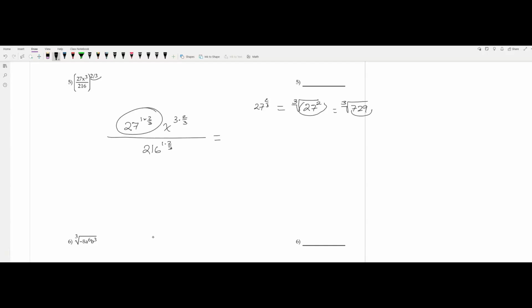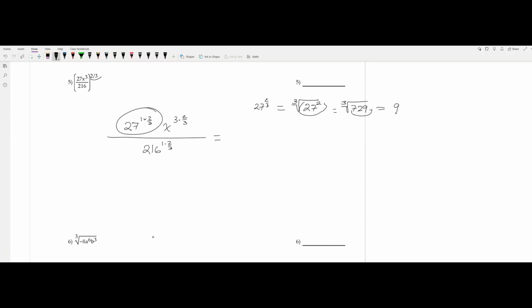You may recognize 729 as a perfect cube. 9 times 9 times 9 gives me 9 to the power of 3.